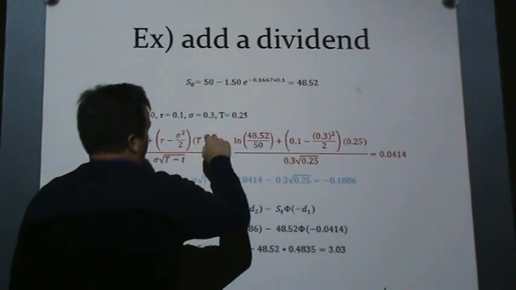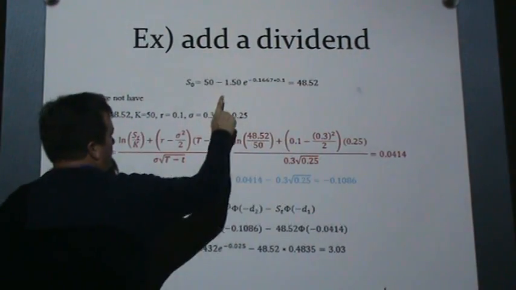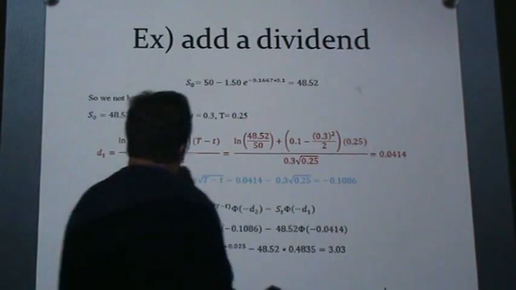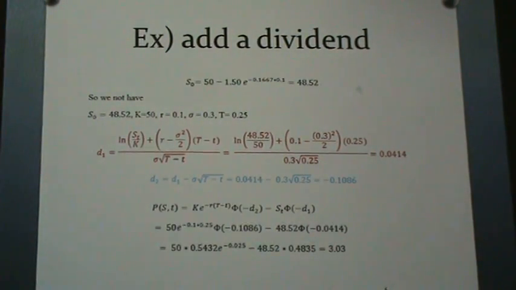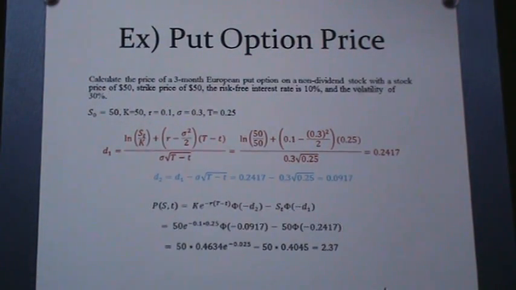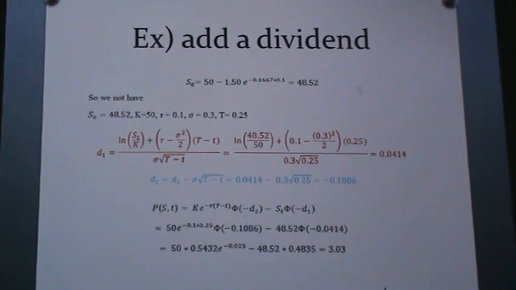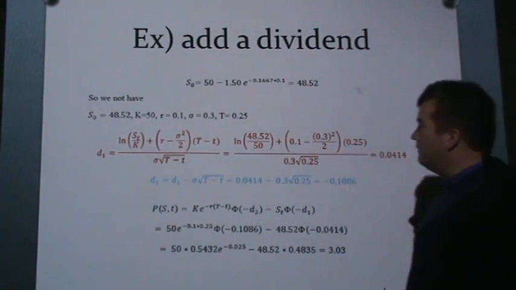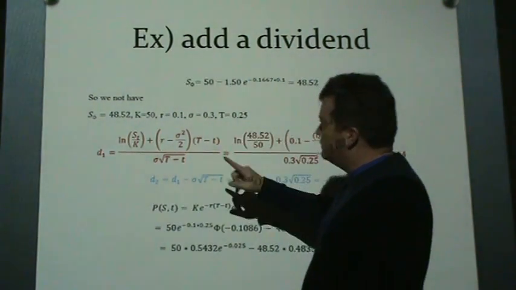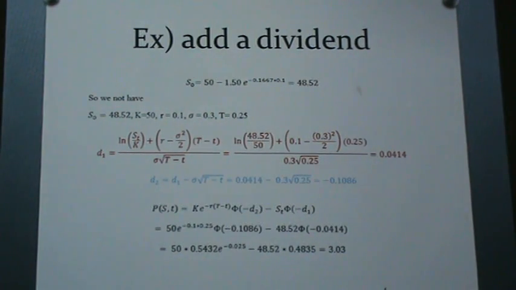The dividend was $1.50. In this example, I didn't write this out, the dividend was $1.50 being paid 2 months from now.